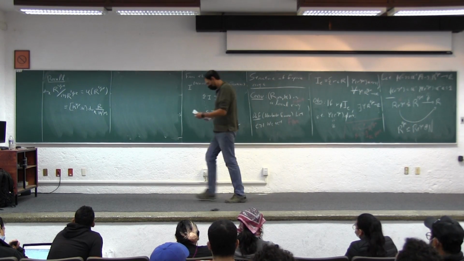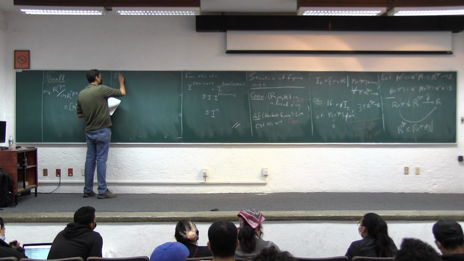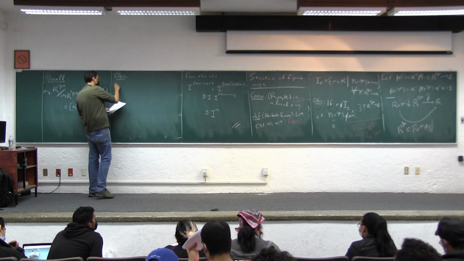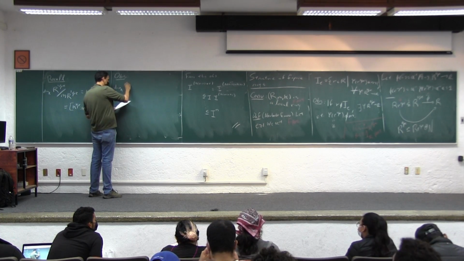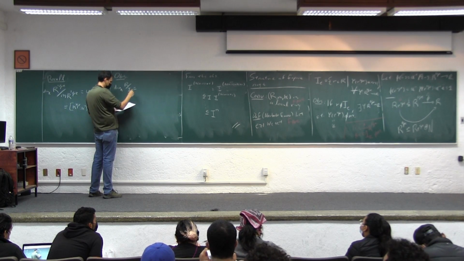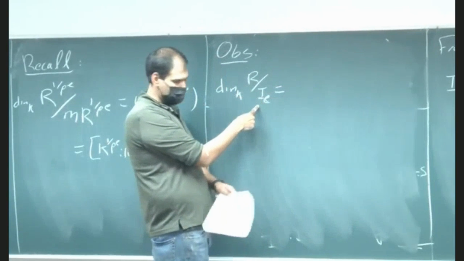So, what we're going to have is that the dimension over K of R E, this one, which we know is contained in the maximal ideal.